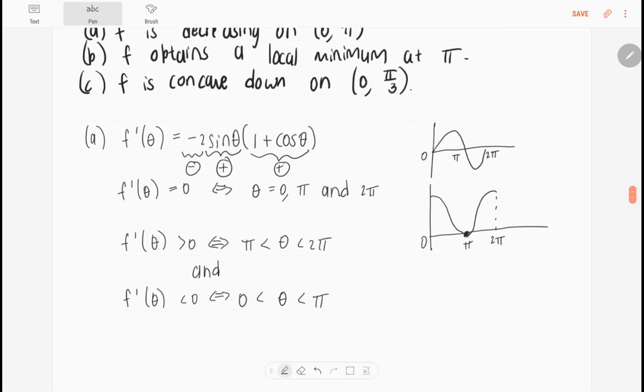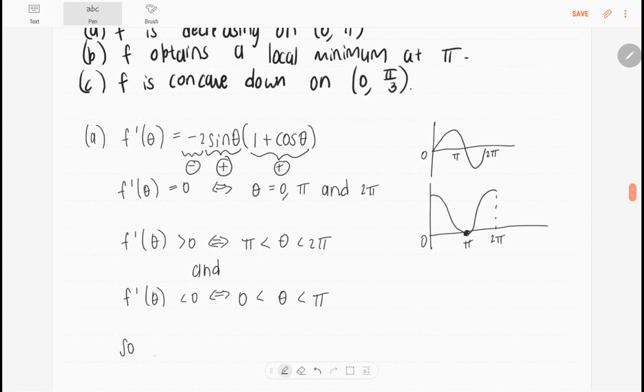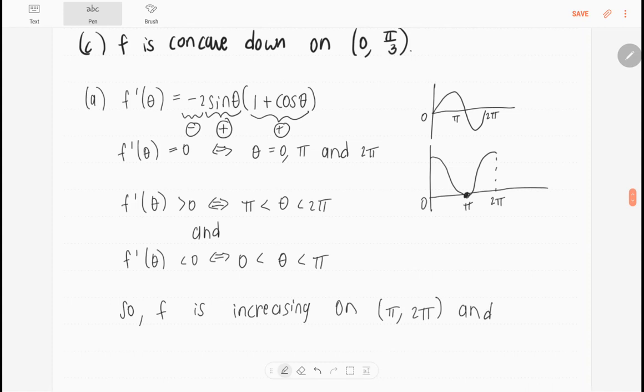What this means is that f is increasing on the open interval from pi to 2 pi and decreasing on the open interval from 0 to pi.